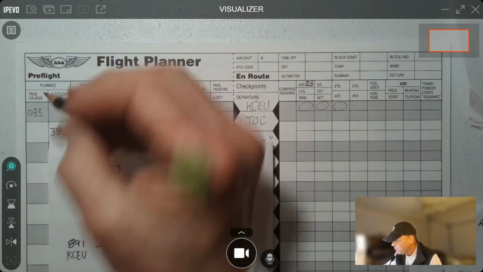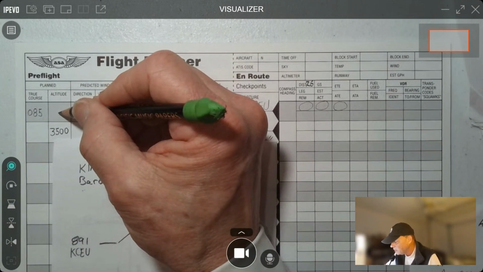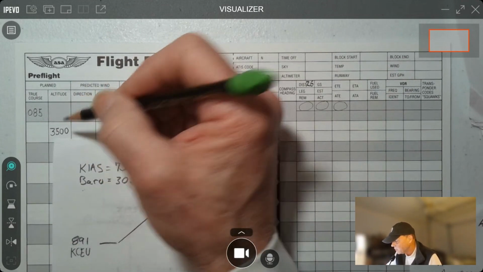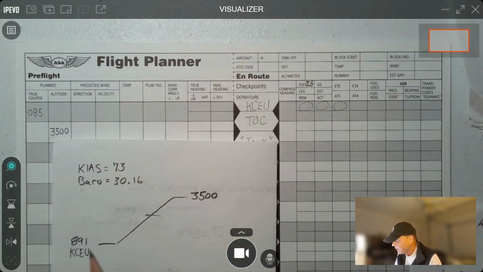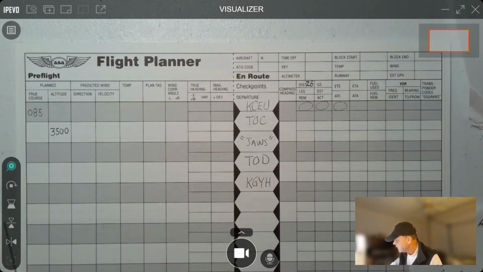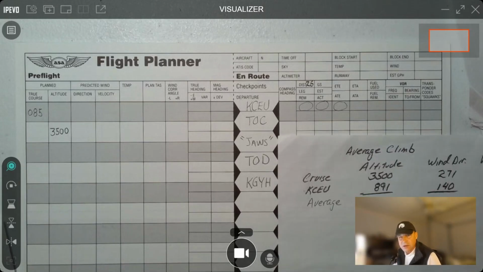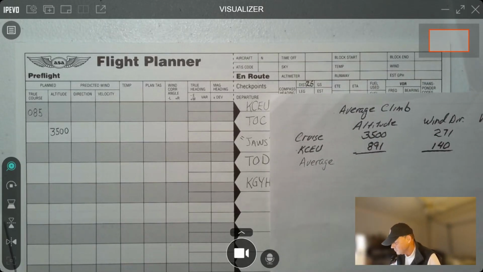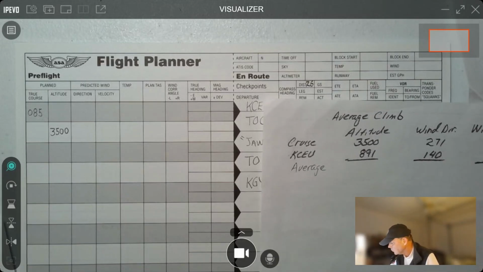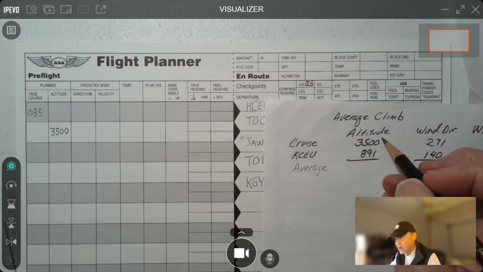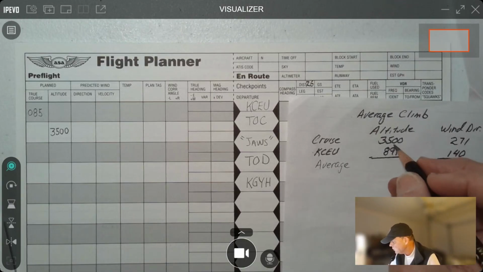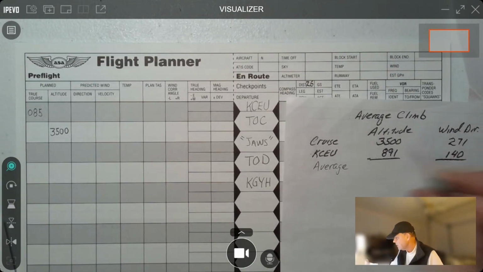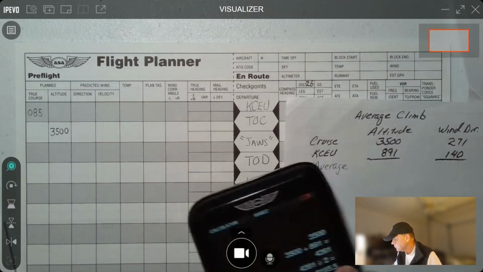They only give you one box to put altitude in here. So what do we put in here? Well, it's the average altitude of 891 and 3,500. So I made a little sheet here where I can do that calculation. So our average climb altitude, you just add these two numbers up and you divide by 2.